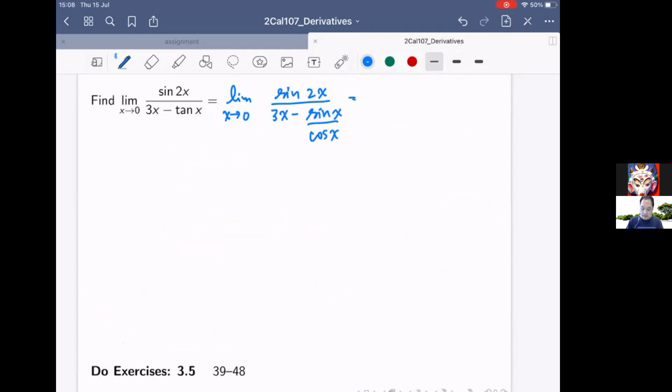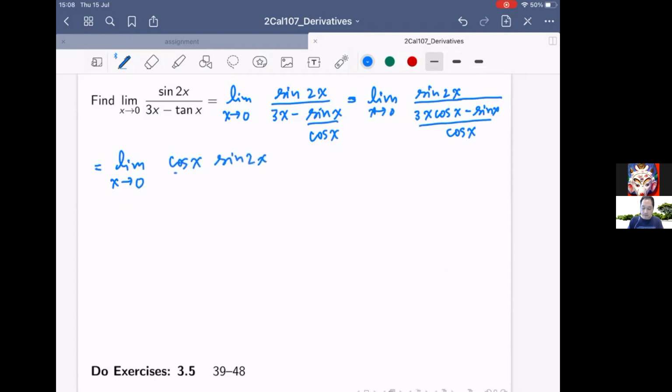It can be the limit as x goes to 0 of sine of 2x over 3x, over cosine x minus sine of x over cosine of x. Then you flip it. This is just to manipulate the thing. So we have cosine of x, sine of 2x over 3x cosine of x minus sine of x.